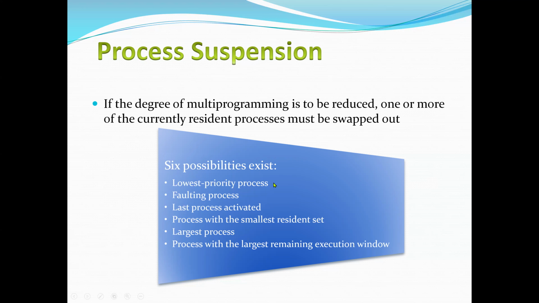So these are the possible choices: lowest priority process, faulting process, the last process activated, process with smallest resident set, largest process, and process with largest remaining execution window. The process with the smallest resident set will require the least future effort to reload.